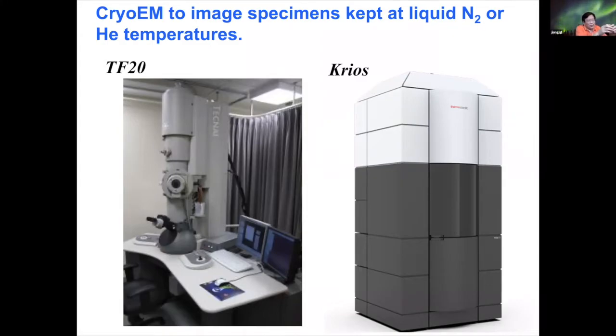Cryo-EM. Cryo-EM is different from regular transmission electron microscopes by keeping the specimen, which we already flash frozen, maintained at liquid nitrogen temperature, and we can then transfer it into the microscope, and the microscope can take images of the specimen while it is maintained at near liquid nitrogen temperature, such that we can collect images of the particles in suspension.